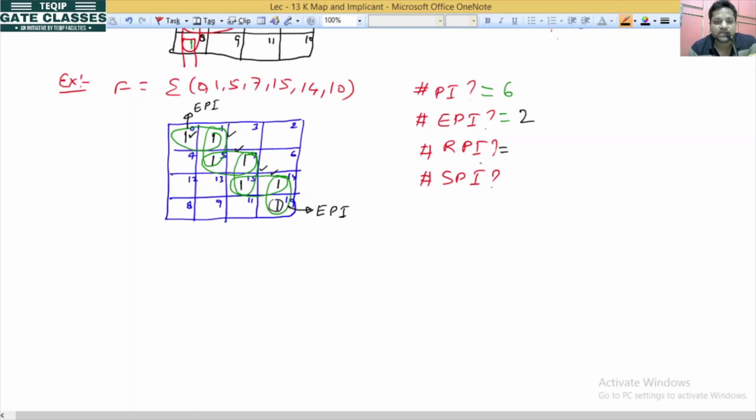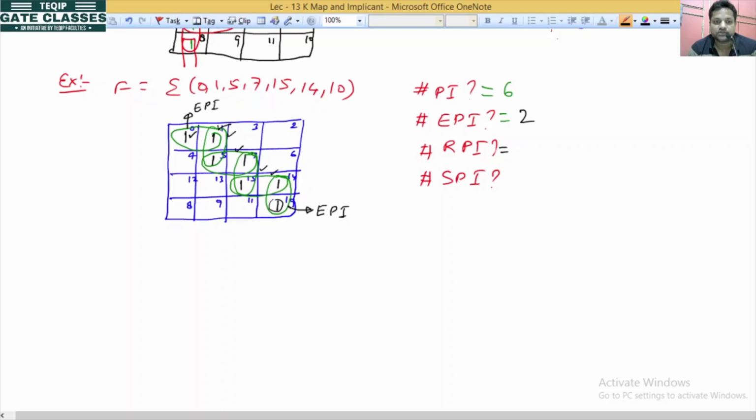So what will be the RPI? If you talk about RPI, all the cells must be covered by EPI. We know that this group and this group are EPI, so they can never be RPI. So check the remaining 4. In this group, this one is covered by EPI.